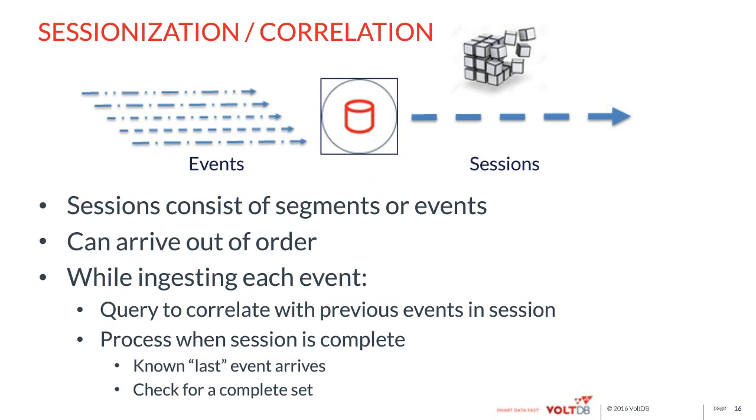The next set of use cases we're going to look at is sessionization. Sessionization is like what we talked about, the clickstream processing. So you know that a set of events make sense together. Each event by itself does not. So you would have a last known event, in which case when the last event arrives, you know that the session has completed.